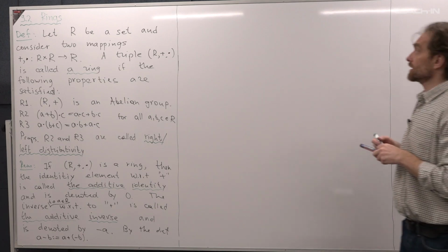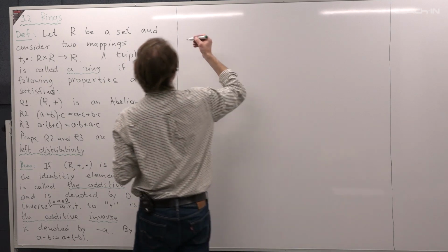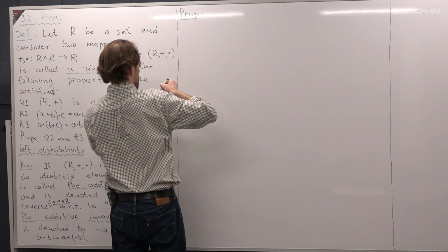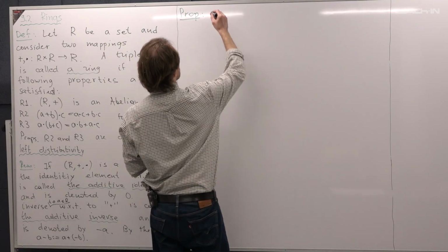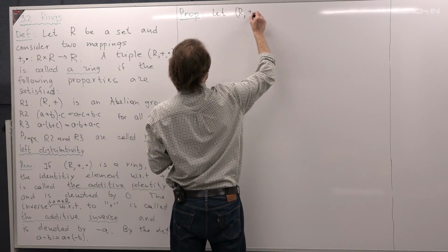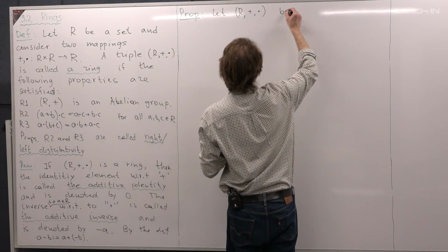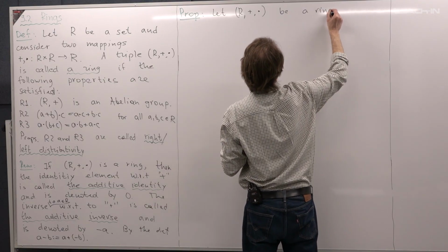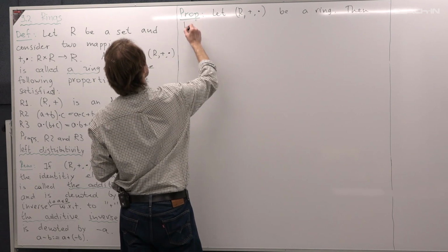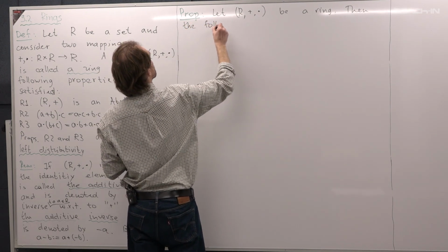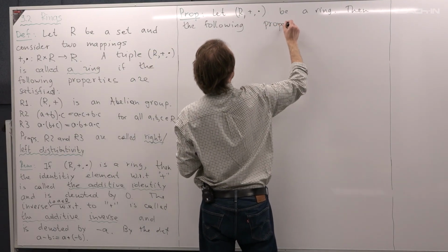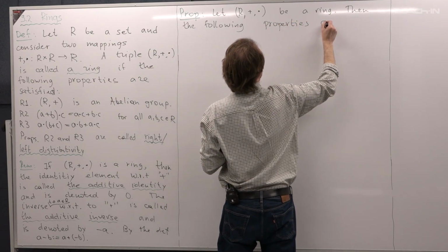And now let us prove a number of statements that are satisfied for any ring. So let R be a ring with respect to the two operations. Then the following properties are satisfied.